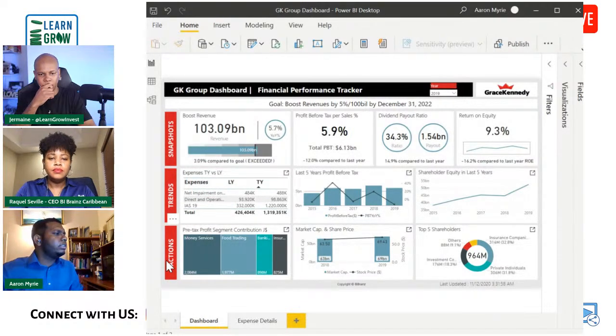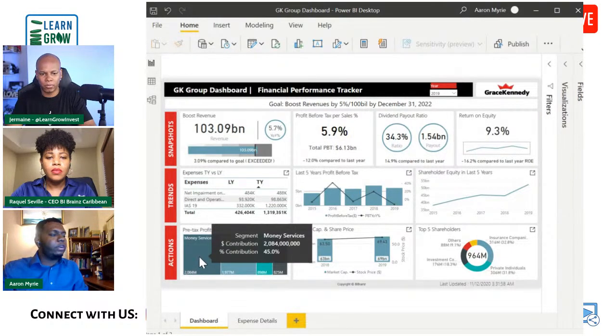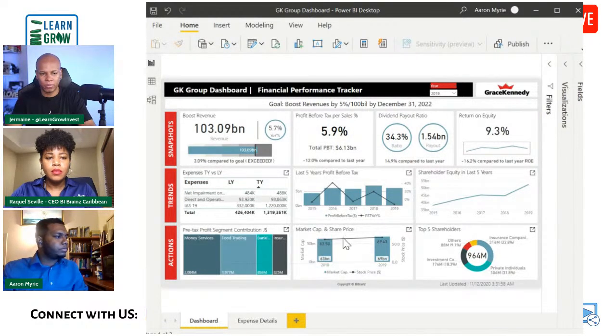So the first one is looking at the pre-tax profit segment contribution. So these are the 4 segments that GraceKennedy offer. The first one is money services, food trading, banking, and the last one is insurance. So most of the pre-tax came from money services.